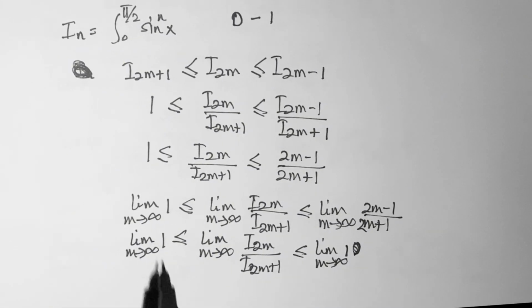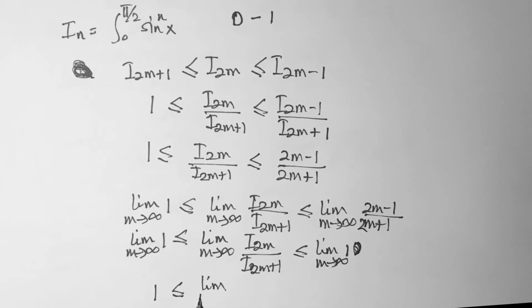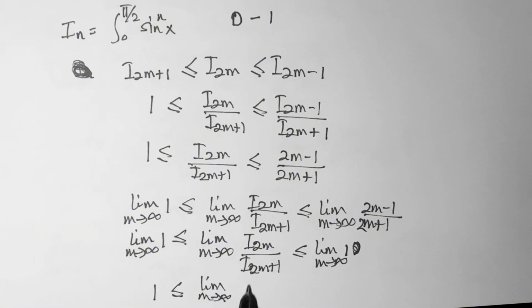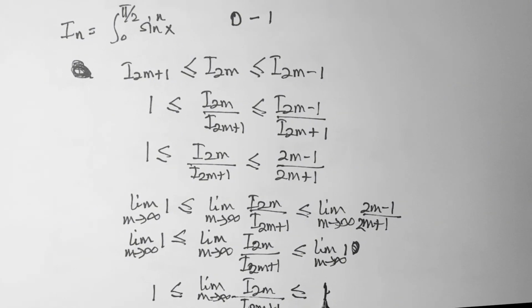So you can see that this limit is 1 less than or equal to limit as m approaches infinity of I of 2m divided by I of 2m plus 1, then which is less than or equal to limit as m approaches infinity of 1, which is 1.